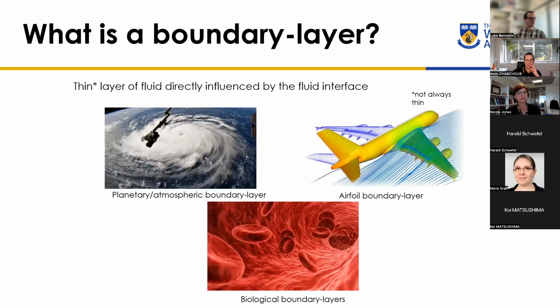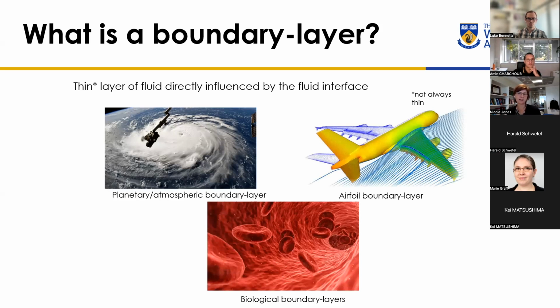So what is a boundary layer? Well, the boundary layer is just describing any thin layer of fluid that's directly influenced by the interface between the object and the fluid. We all live in our planetary boundary layer.